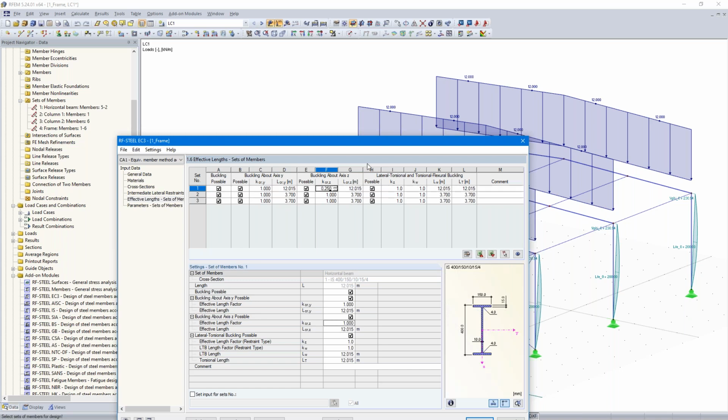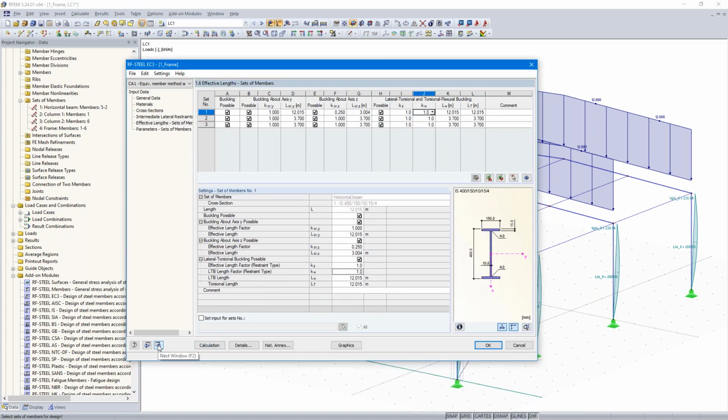I enter here 0.25, and now the buckling length about axis Z is divided by 4, and now it's only 3 meters. The 1.0 here means a lateral and torsional restraint at the end of the member or of the set of members. Okay, that's all.